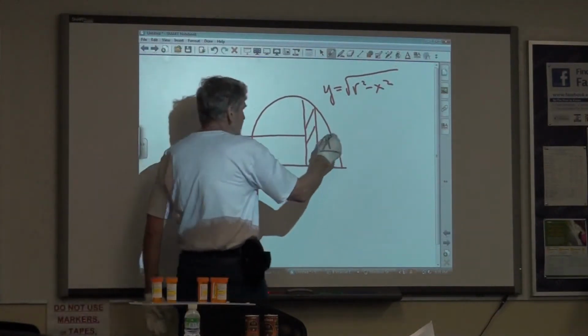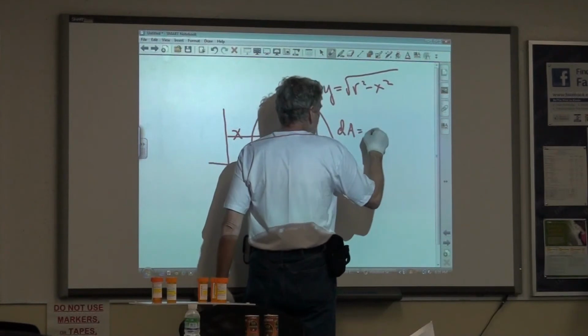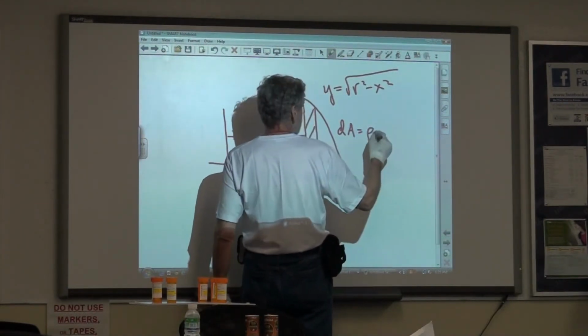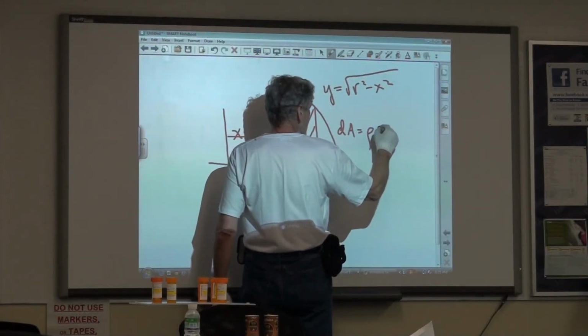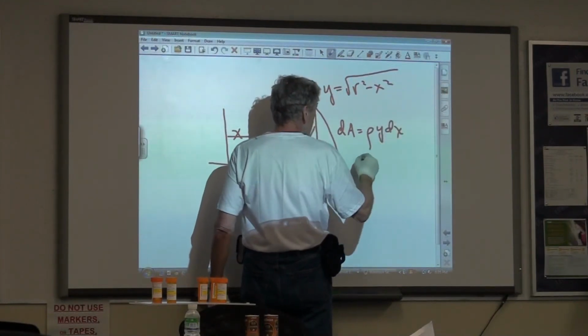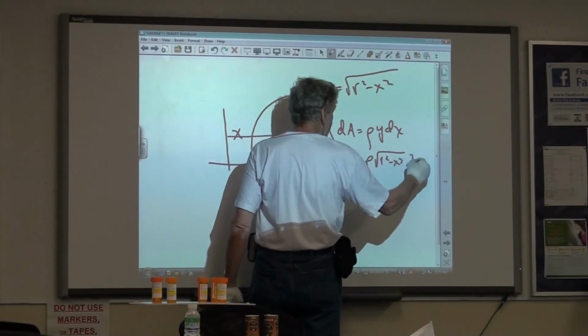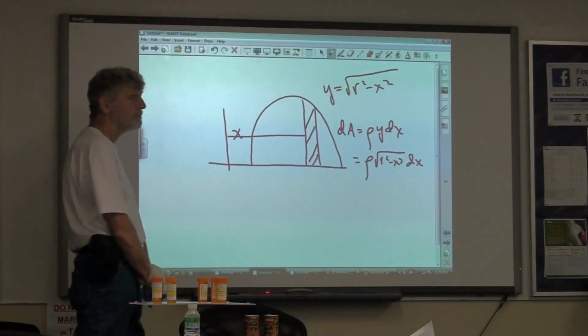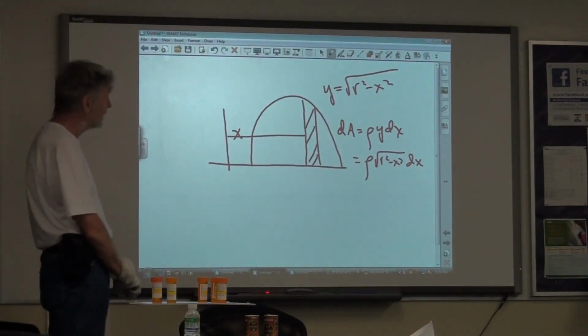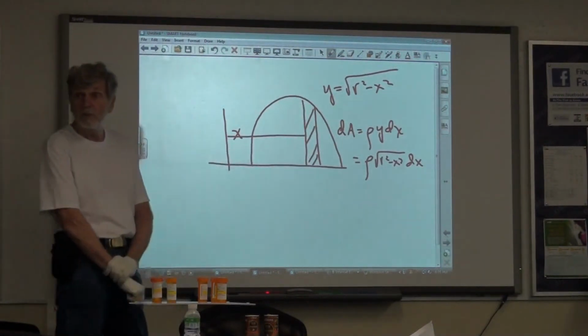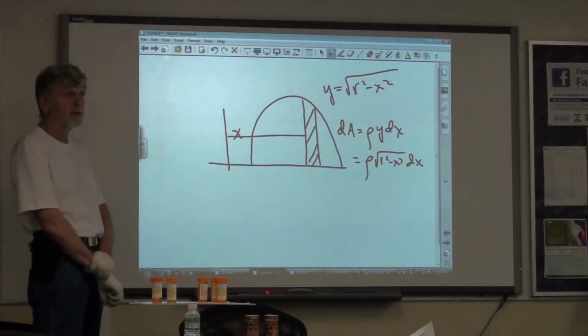So its dA would be rho times y dx. So it would be the density times the square root of r squared minus x squared dx. So the dA depends on the function under which you are trying to calculate the center of mass.